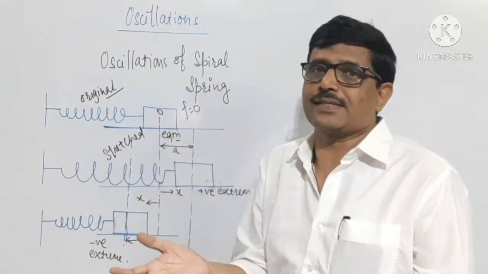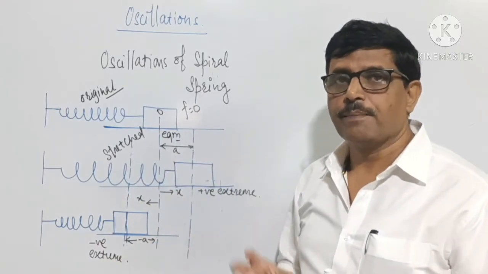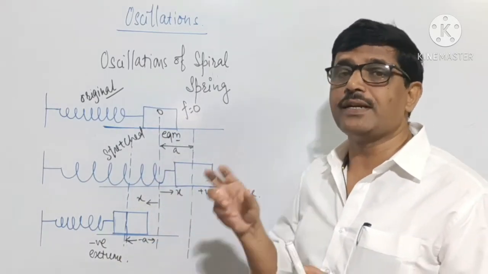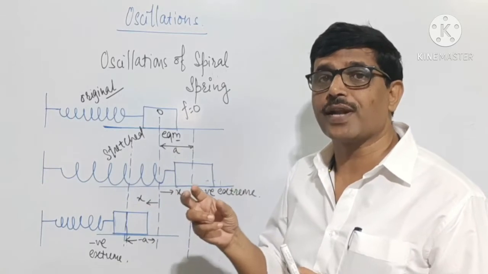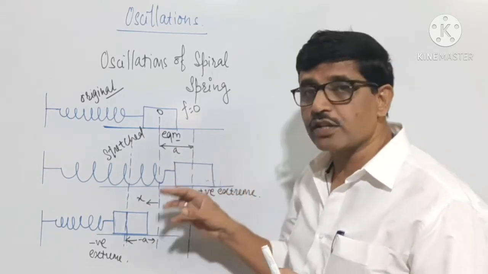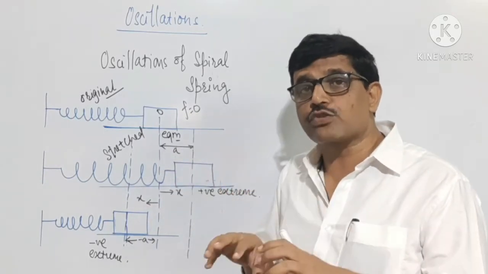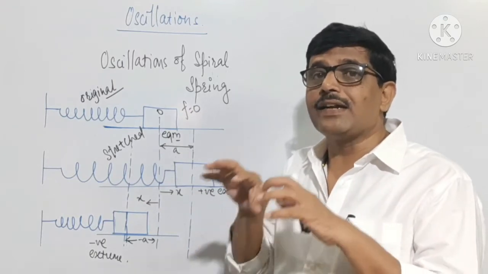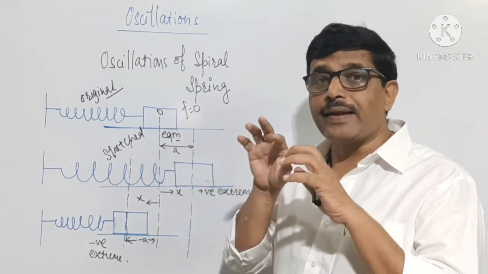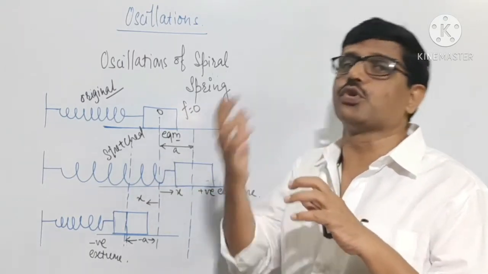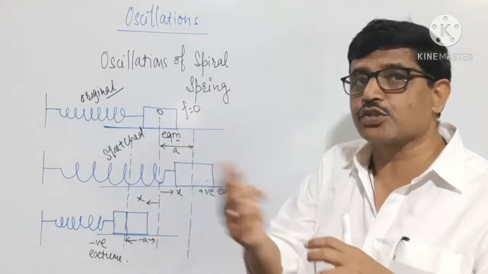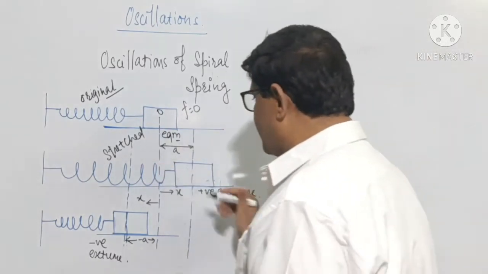In that case, because of the natural property of elasticity, the spiral spring tries to maintain its original length, and in order to do so, an internal restoring force is developed in the block.